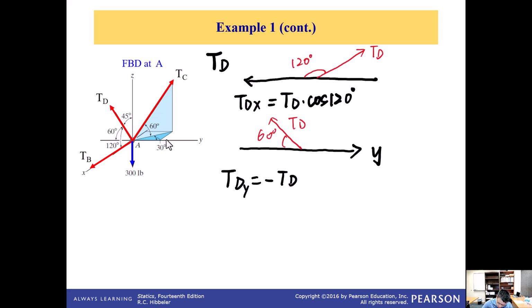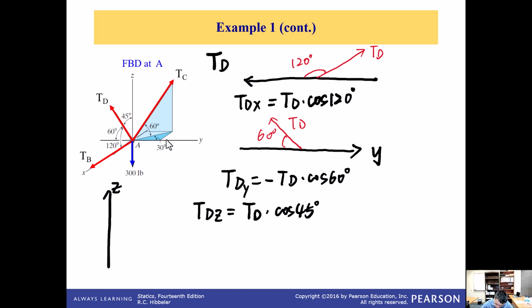As for the TDZ, it becomes TD times cosine 45 degrees. Okay, because if we look into the Z direction, here is TD and this angle theta is 45.